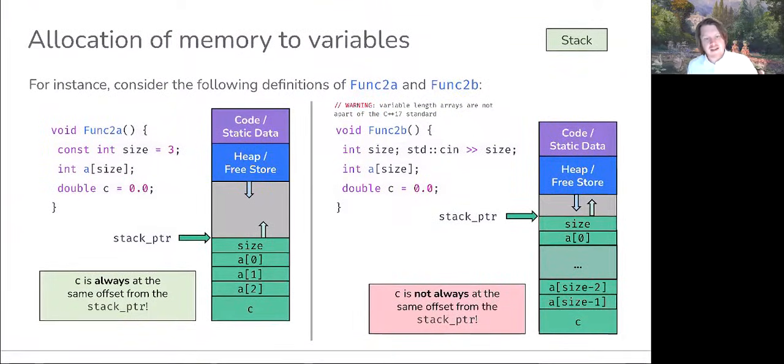So in the case on the left, C is always at the same offset from the stack pointer. In the case on the right, C is not always at the same offset from the stack pointer.